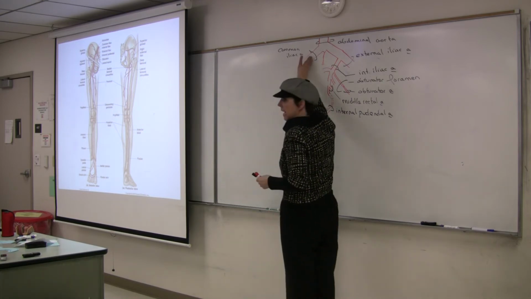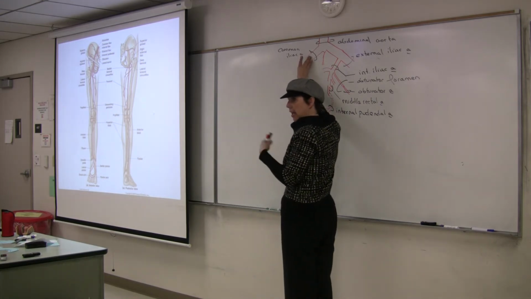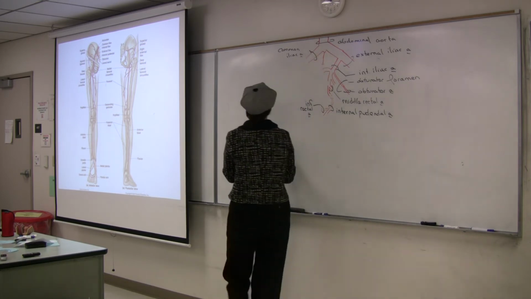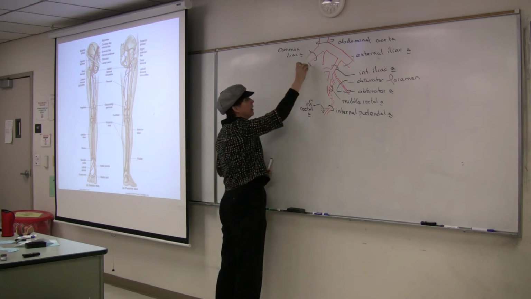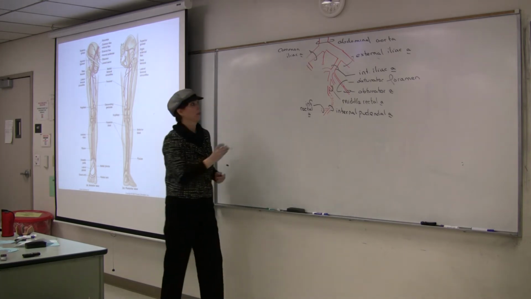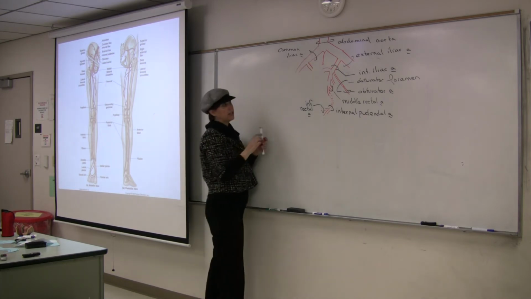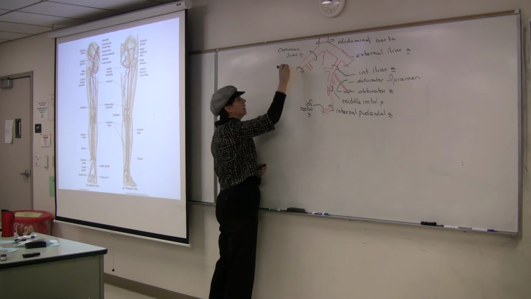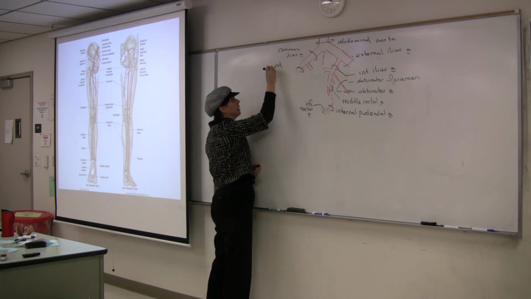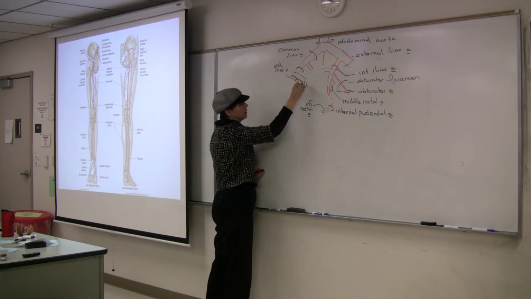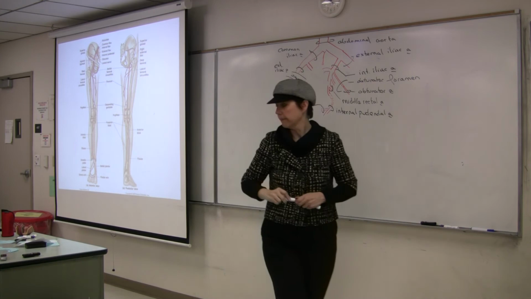All right, so I'm going to take the right side and draw the lower extremity vessels off of that. So we still have common iliac and internal iliac, and the rest of that is going to be external iliac, just like we have on the left side. And when that goes under the inguinal ligament, it becomes the femoral artery.